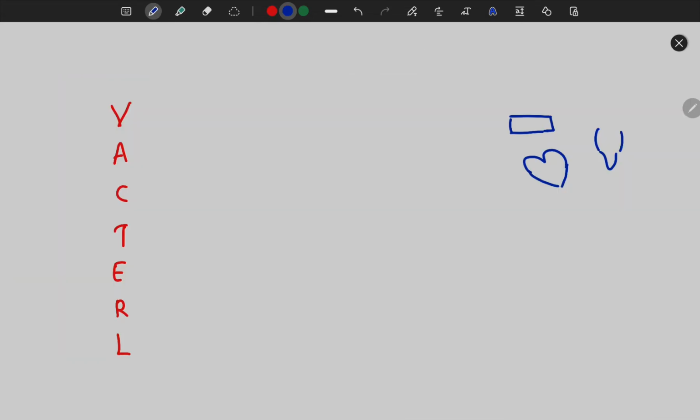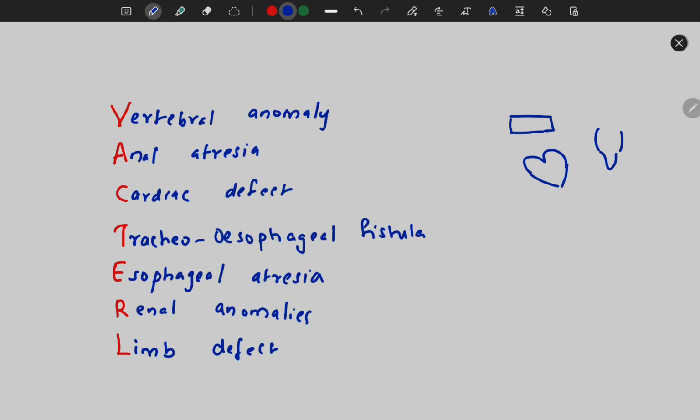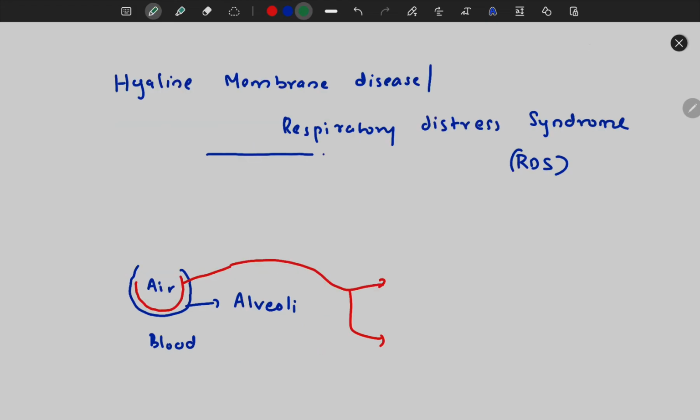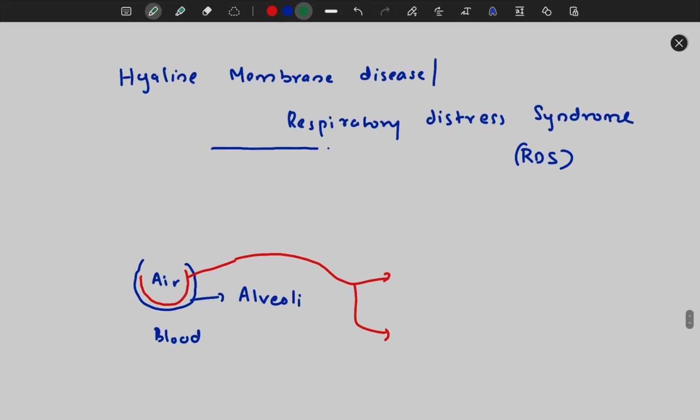The respiratory defects are seen associated with a group of anomalies which are called VACTERL. The VACTERL includes the vertebral anomaly, anal atresia, cardiac defects, tracheoesophageal fistula, esophageal atresia, renal anomalies, and limb defects. The next defect is the hyaline membrane disease, otherwise called respiratory distress syndrome.